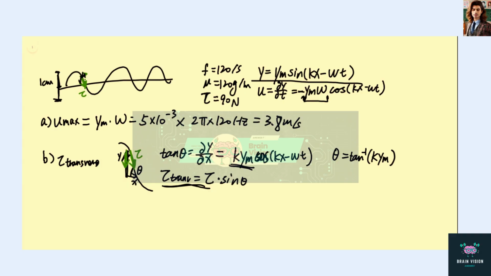What is k? It is 2 pi over lambda, but we also do not know what lambda is. So we can say k equals 2 pi over lambda, but then lambda equals v over f.